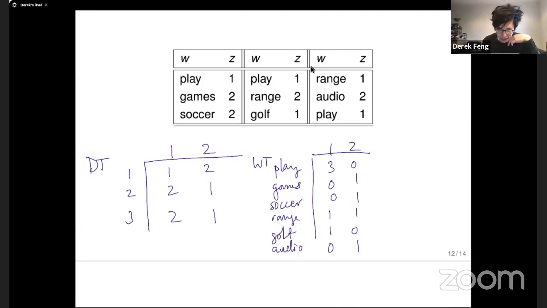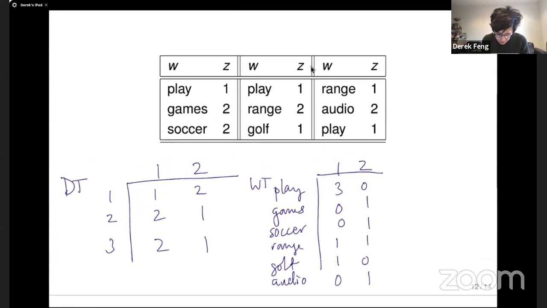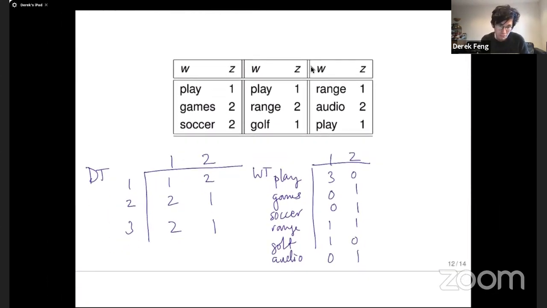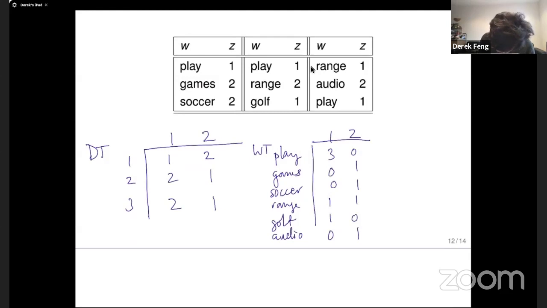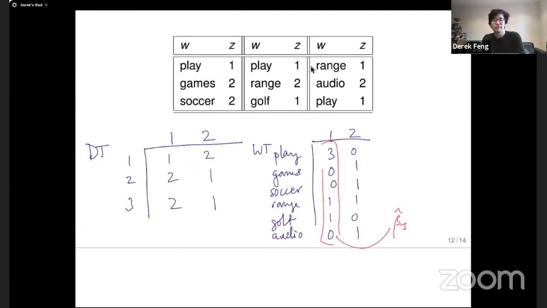And last time I hinted at why these DT and WT are the key tables we want. The point is that if I were to give you this instance of my data, how would you estimate the thetas and the betas? Well, this would be exactly your empirical counts. This here would be like your beta hat 1, because that's exactly the empirical count of the number of times a word was in that topic.